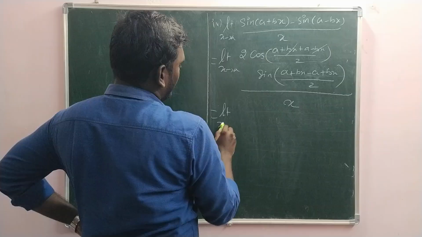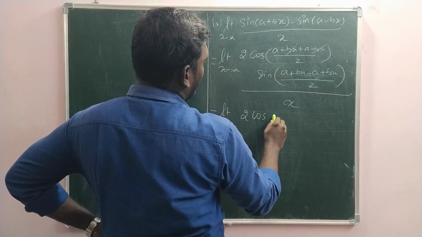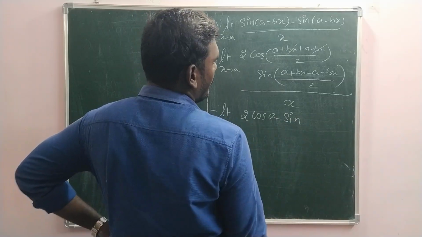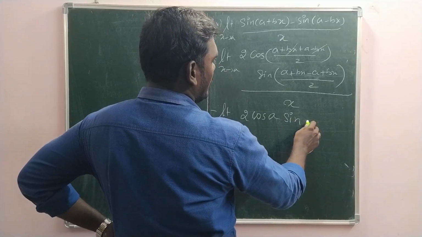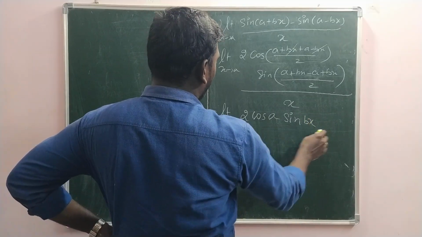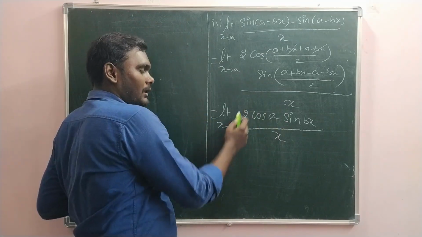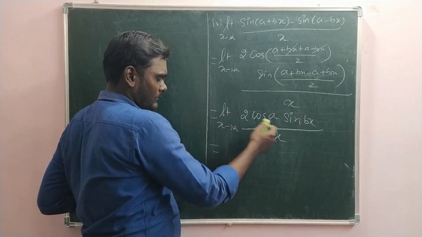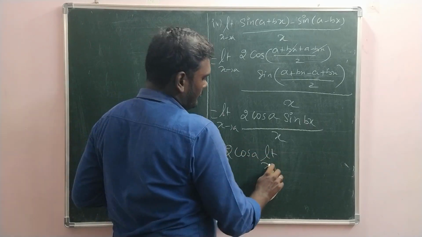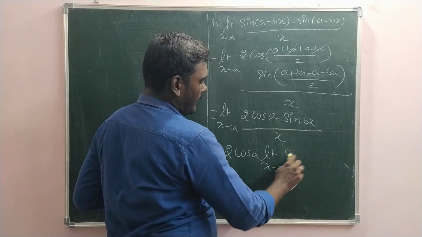We'll get limit x tends to a, 2 cos a sin 2bx by 2, which means simply bx by x. Now cos a has nothing to do with the limit because it does not have the variable. So 2 cos a kept aside, limit x tends to a, sin bx.